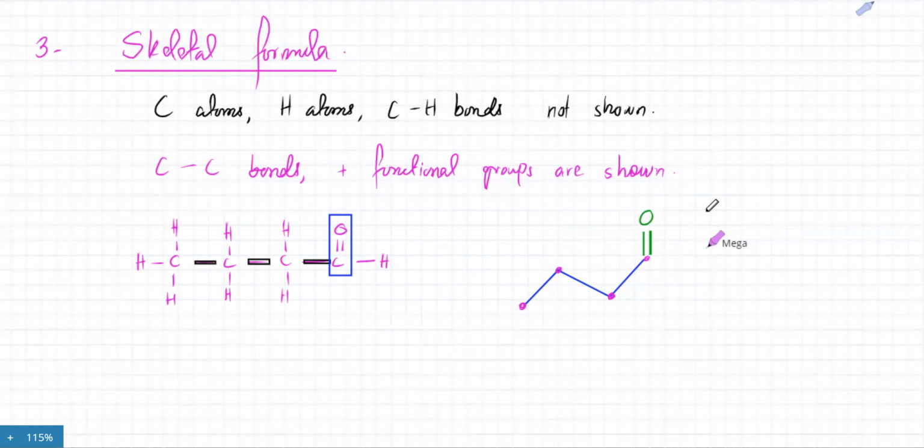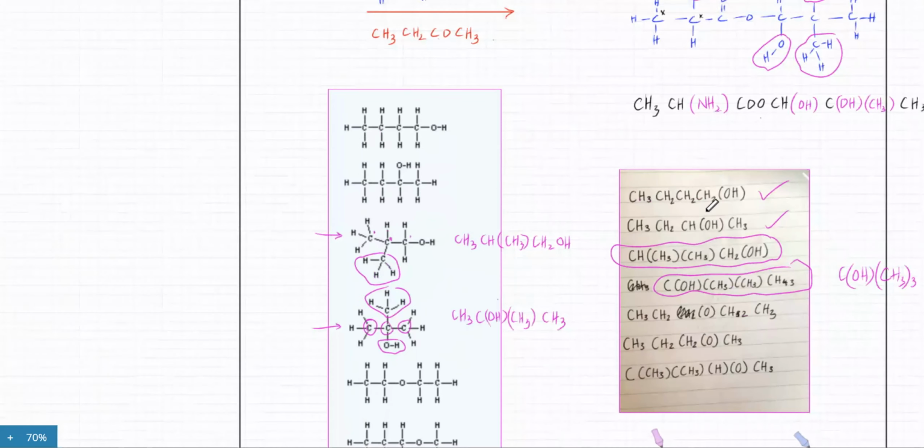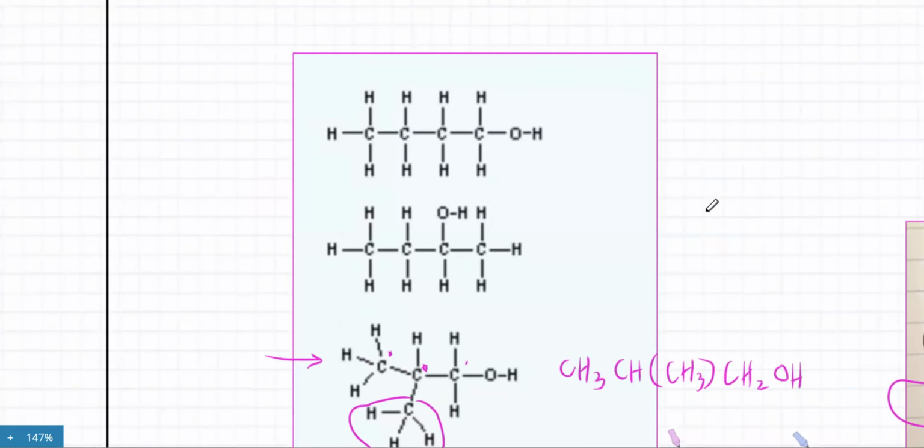Let's try and make skeletal formulas of these things. Starting with the first one, what are you going to show? Just the carbon-carbon bonds. So it's one, two, three. So three dashes. I'm just going to draw three dashes. That's one, two, and three.